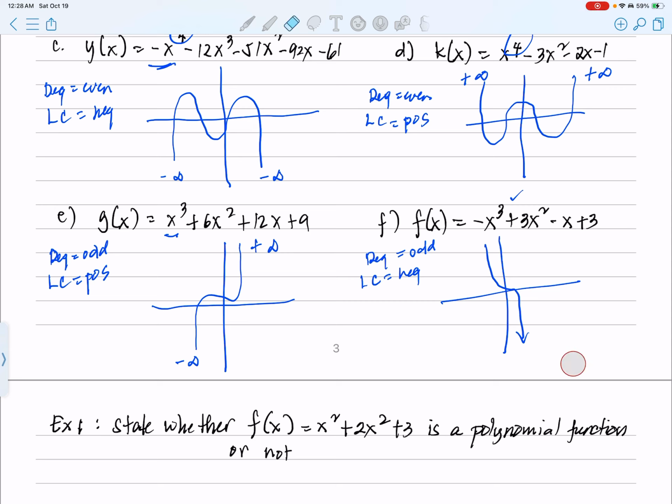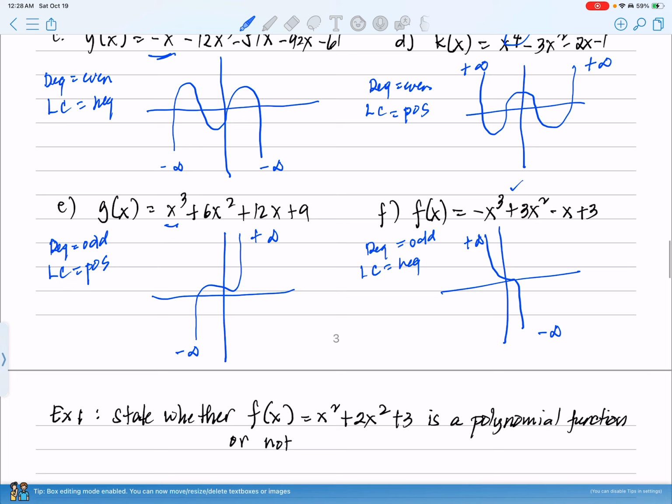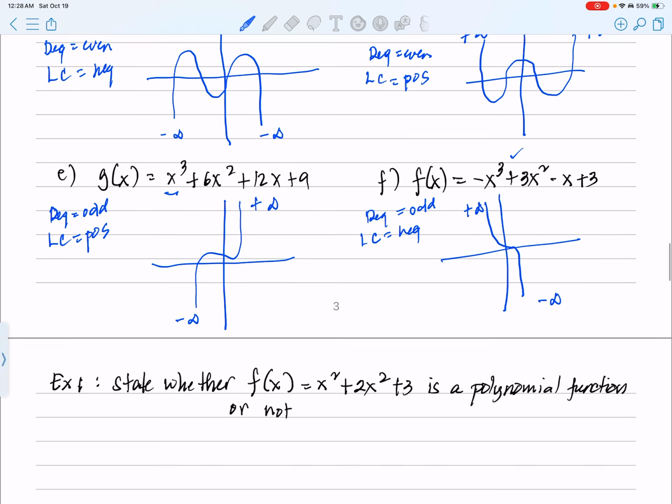All right, that way. This is a positive and this is a negative. Wait a minute, I have to look at this one right here. 1, 2, 3. Okay.